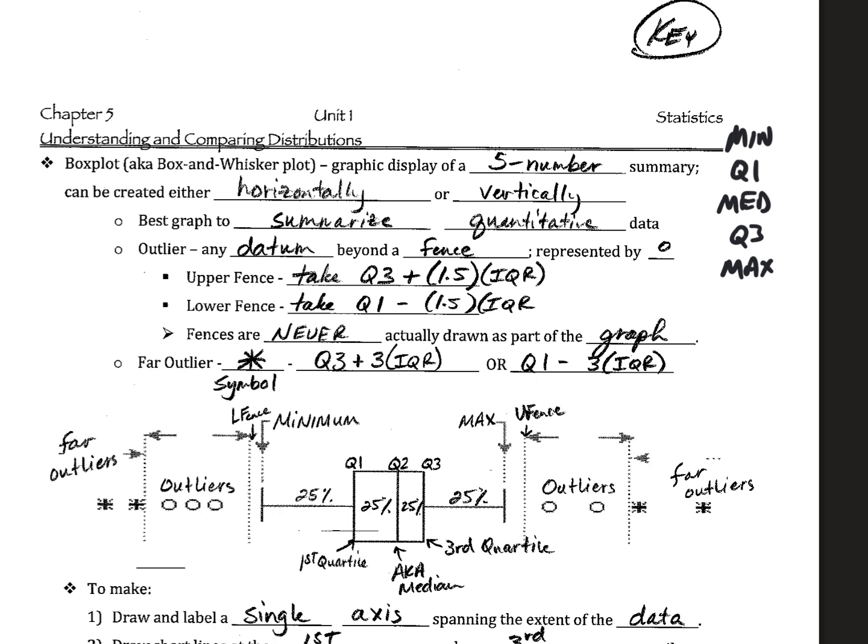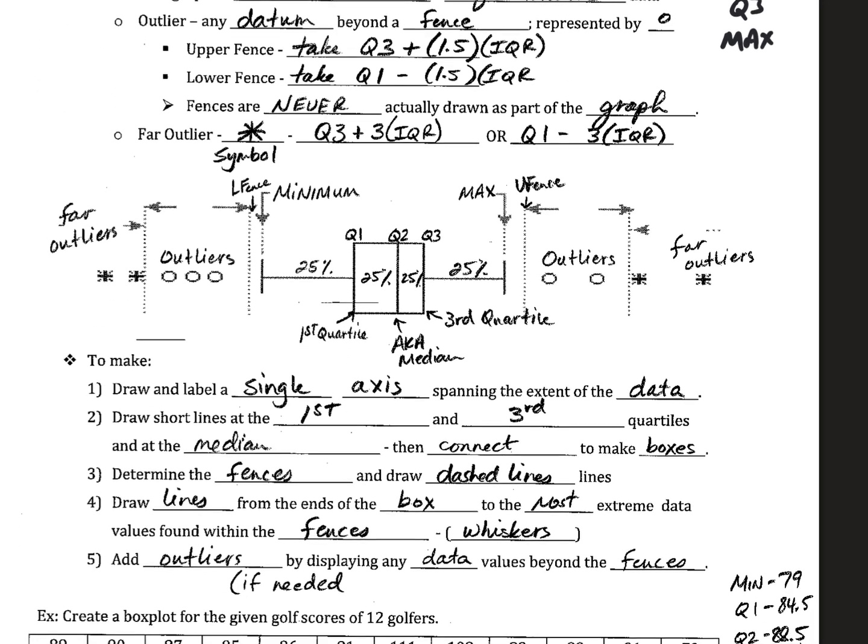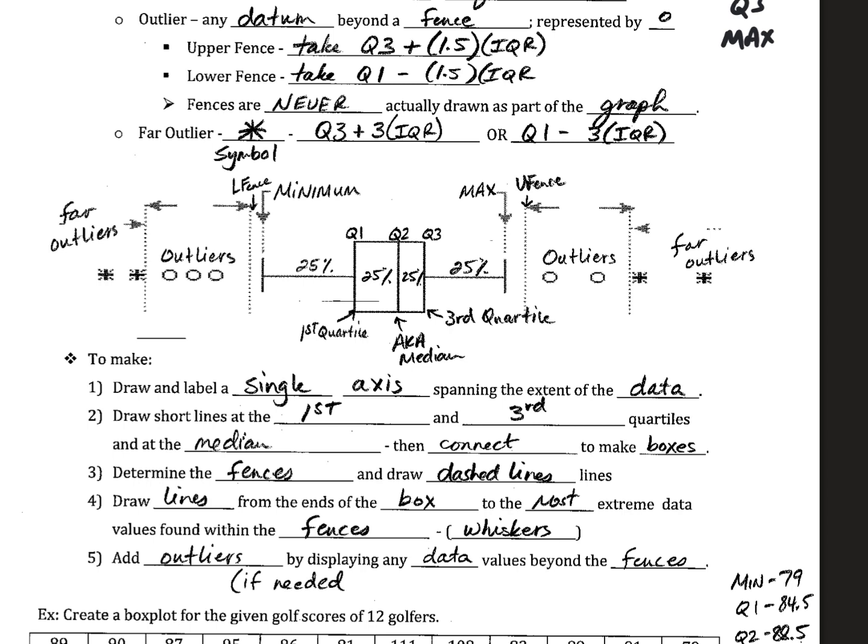So let's take a look at some examples of what a box and whisker plot is made of. Let's first start with the box. When you draw these out, you draw the box first. You'll put down a line for Q1, a line for Q3, and a line for Q2, and that makes up the main part of your box. The box is your IQR every time: Q3 minus Q1, the distance between the two.